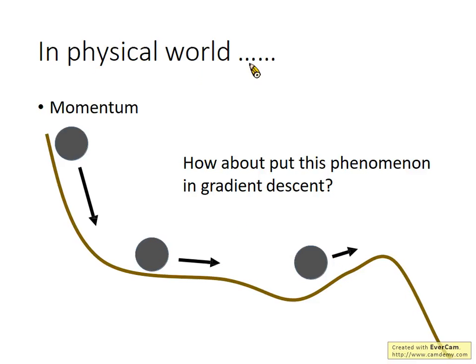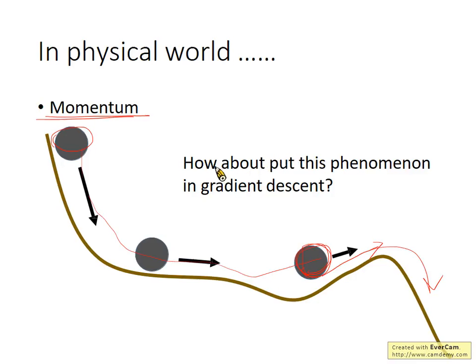So in the physical world, there is momentum. That is, if you throw a ball, you start a ball from here, and this ball will move from here to here to here, and because of momentum, there is a chance this ball will move up a not so high hill, and then go over this hill, such that we have a chance to go out of the local minima.